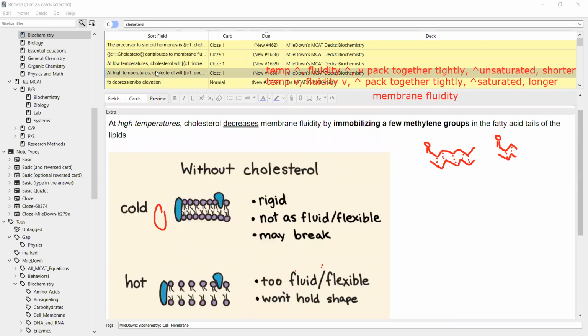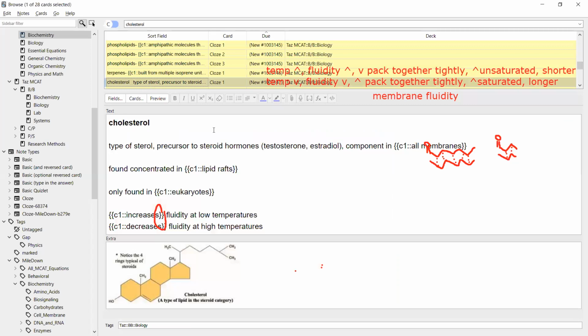Basically, at high temperatures, the cholesterol is going to be able to prevent the breakdown of the bilayer because it's just there and it's in the way. So it will decrease fluidity at high temperatures.